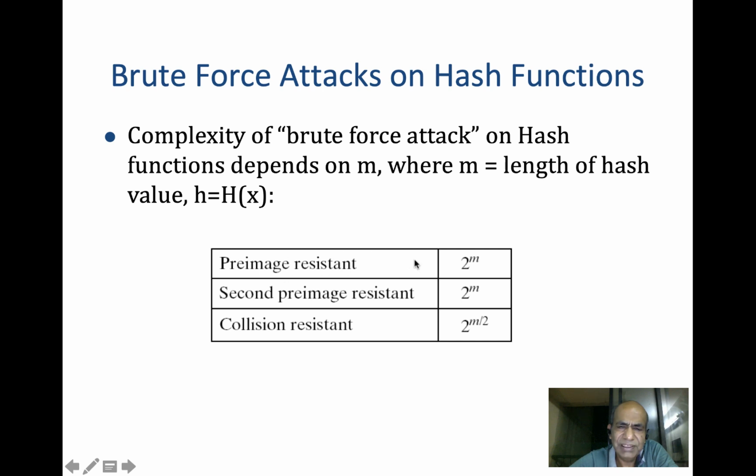So for pre-image resistance, we need 2 raised to the power m steps to break the hash function. For second pre-image resistance, we again need 2 raised to the power m steps to break it. For collision resistance, we need 2 raised to the power m by 2 steps to break it.